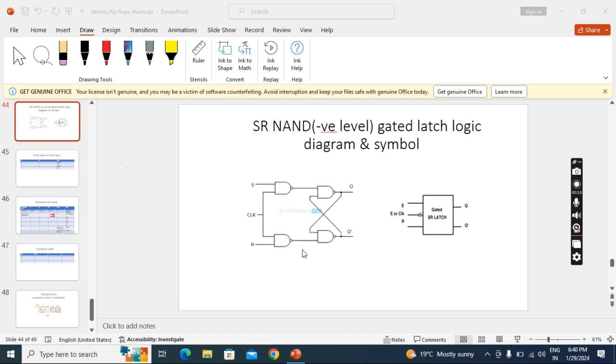It means we apply 0 outside, but inside it will be inverted and go as 1. A positive level circuit responds when we apply 1 and holds when we apply 0, but a negative level circuit holds when we apply 1 and responds when we apply 0. That we have to observe.